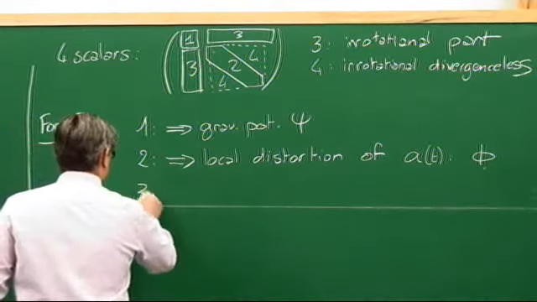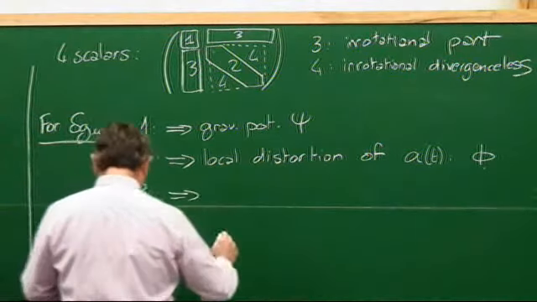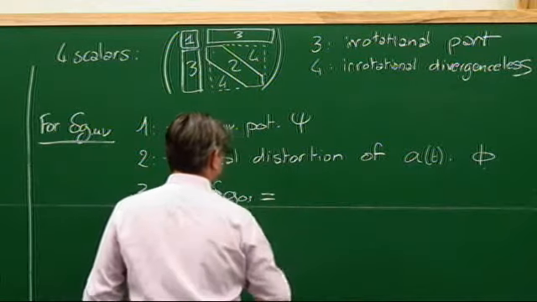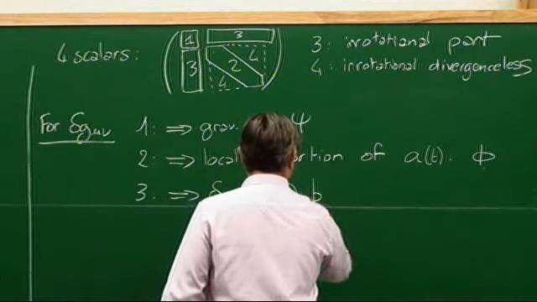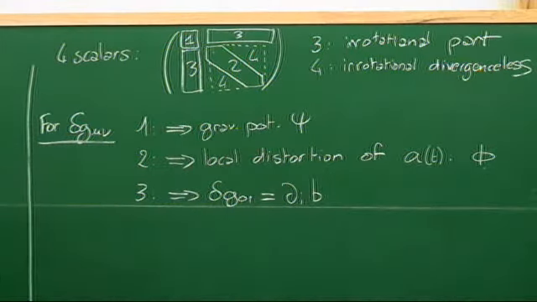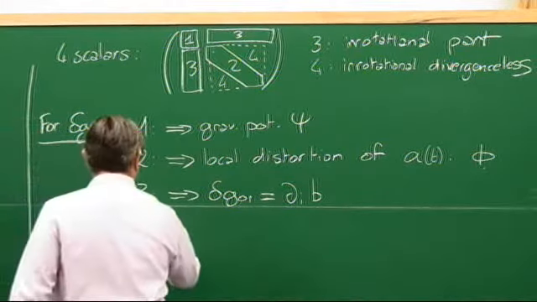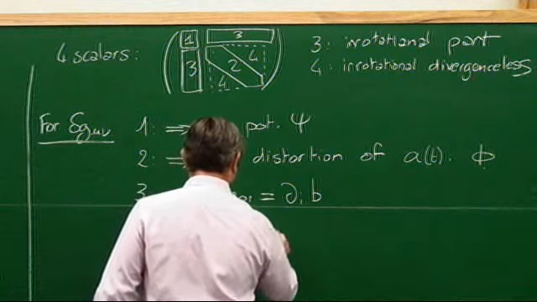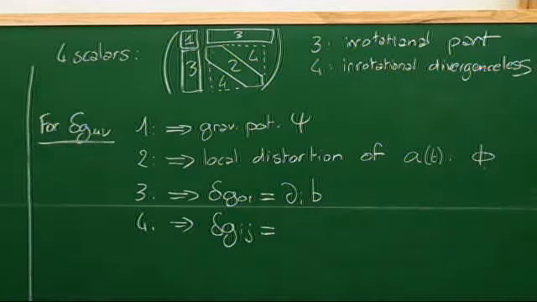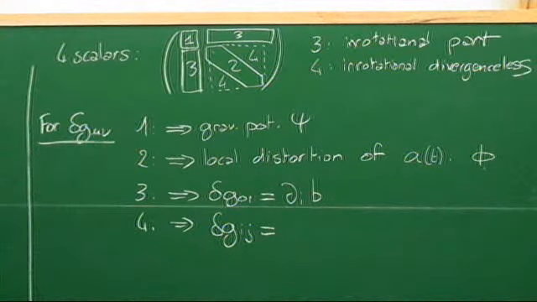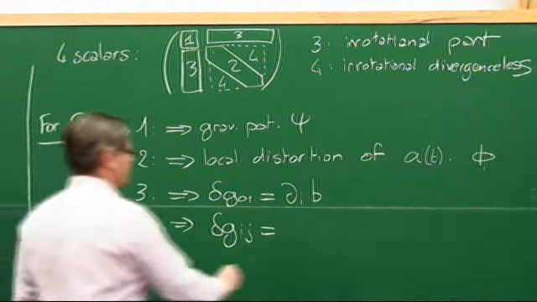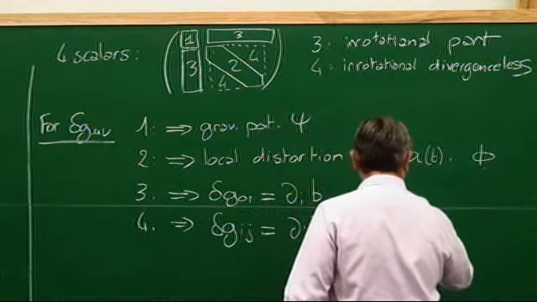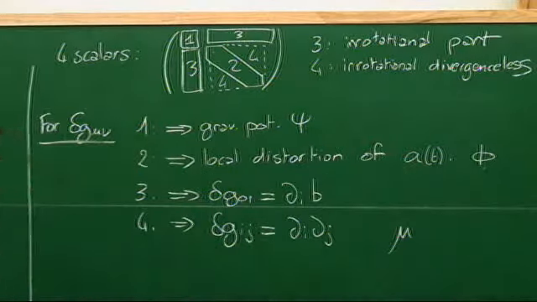3 is one piece of delta G 0i that I can write as a gradient of some scalar function B. And 4, finally, is a part of delta G ij that I can derive from the operator di dj acting on a scalar function that I call mu.